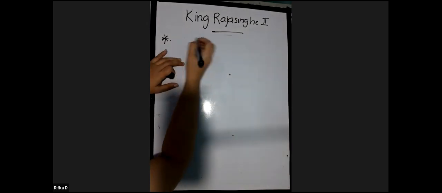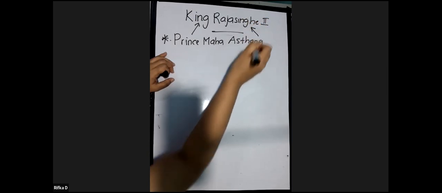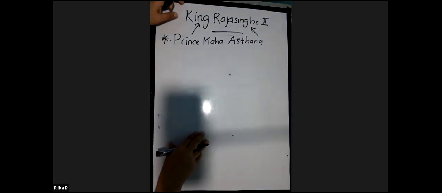Okay, who is this King Rajasingha II? Right, after the death of King Senarath, his son, Prince Maha-Astana, this is the earlier name of King Rajasingha II. Prince Maha-Astana ascended to the throne of the Kandyan kingdom as King Rajasingha II.